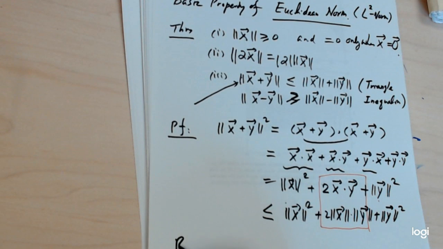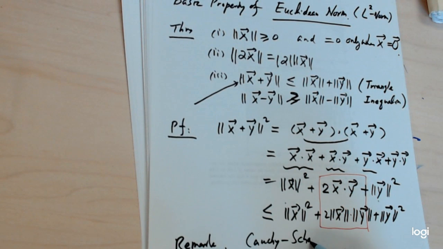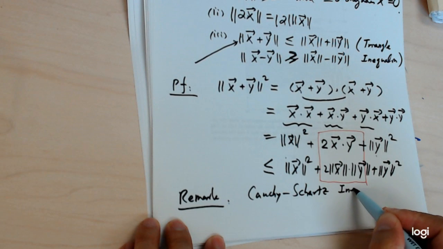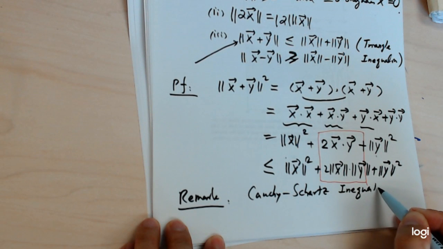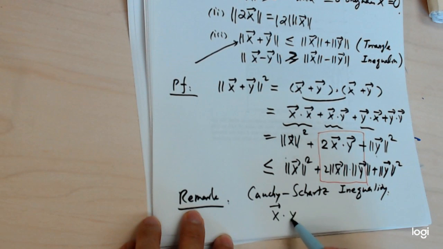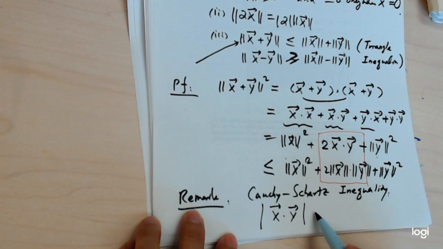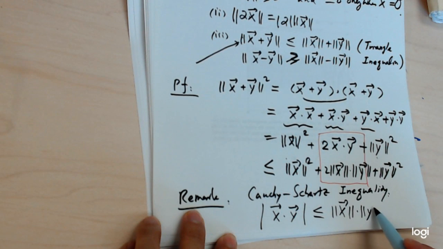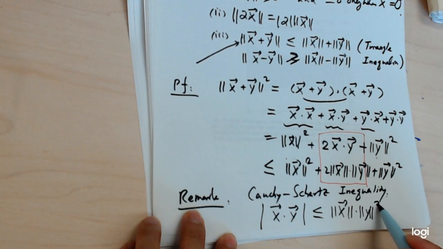Let me make a remark that it is indeed true. It says the absolute value of x dot y is always less or equal to the size of x times the size of y. Sorry, there's no square.